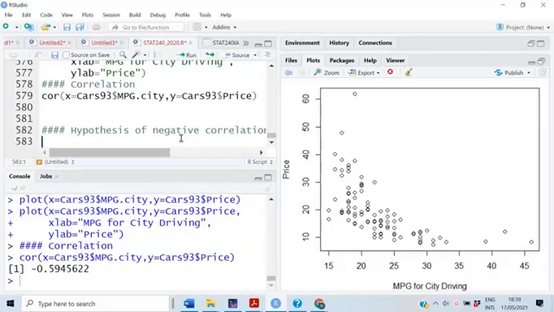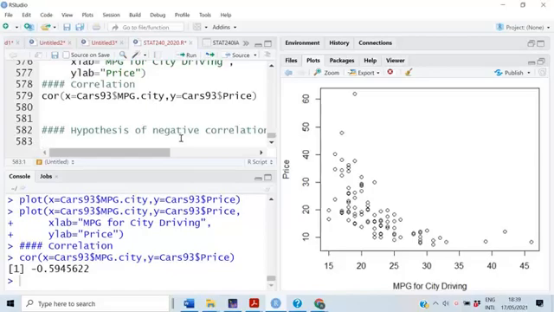I want to say, to avoid confusion, the alternative hypothesis. The claim is about negative correlation. So from this, I can formulate my alternative to be the claim.